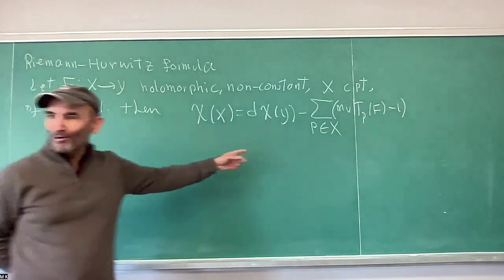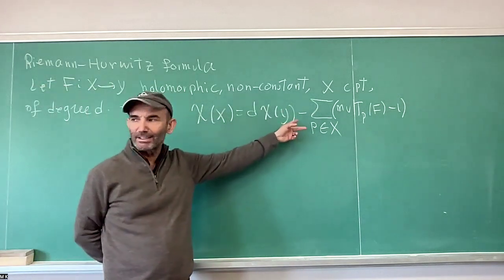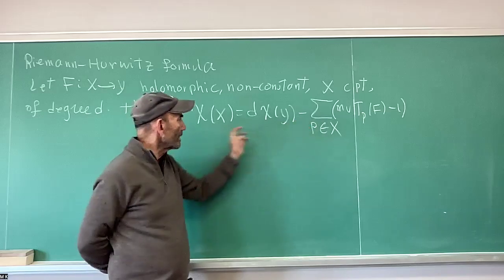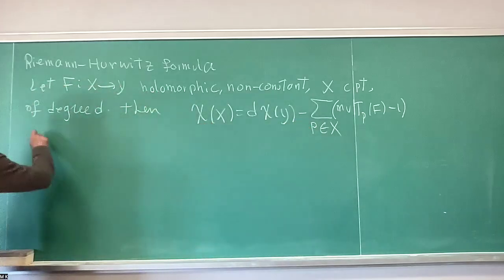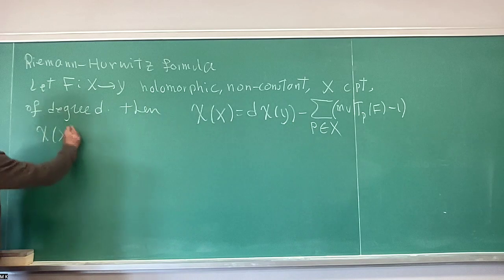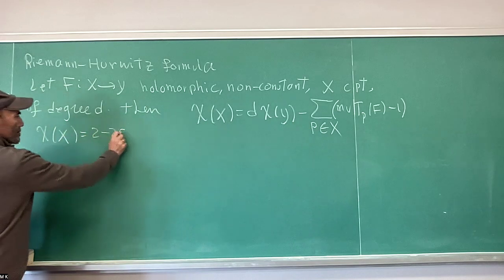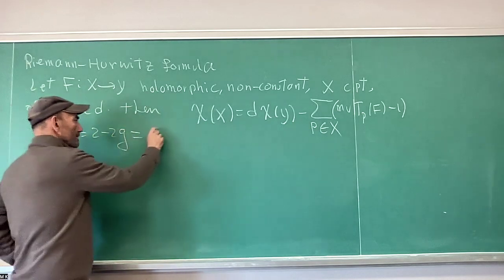When I wrote my formula, I had plus, so this is negative. Okay, so chi of X is equal to 2 minus 2g. This is the Euler characteristic of X.